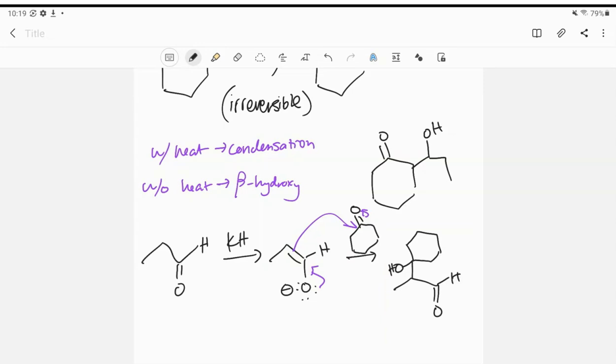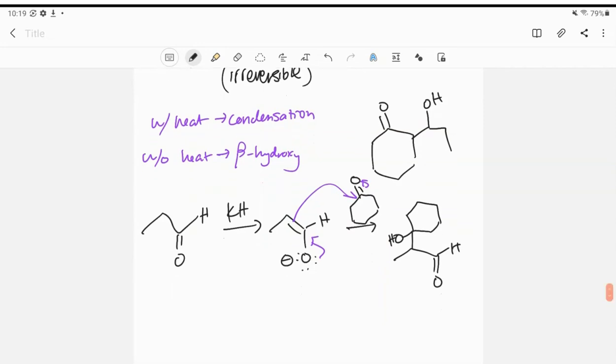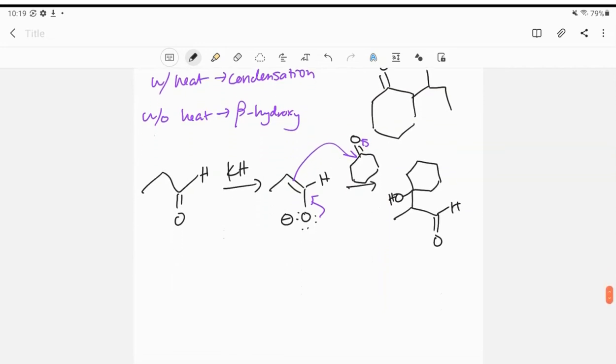Alrighty. Shall we do some practice? I think so. All right, you're going to tell me what our starting material and reagents will be for a couple of problems. So let's say I have this. How would I have made this thing?